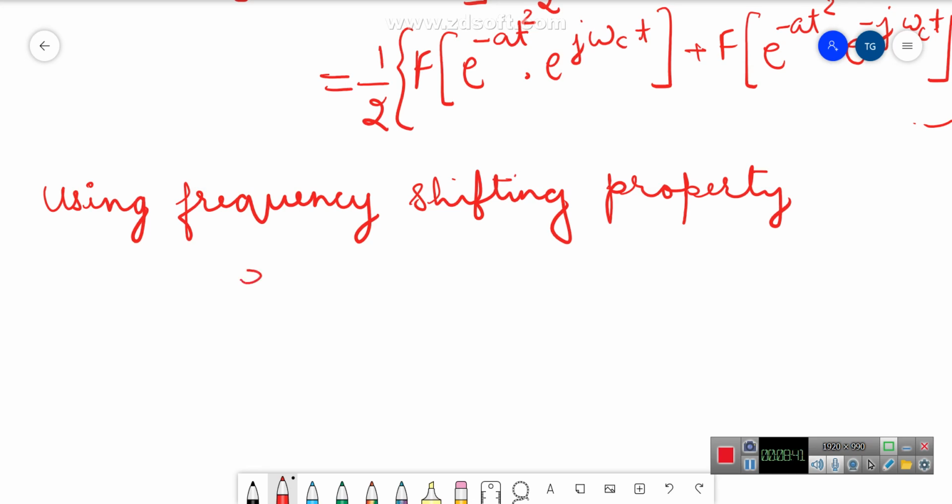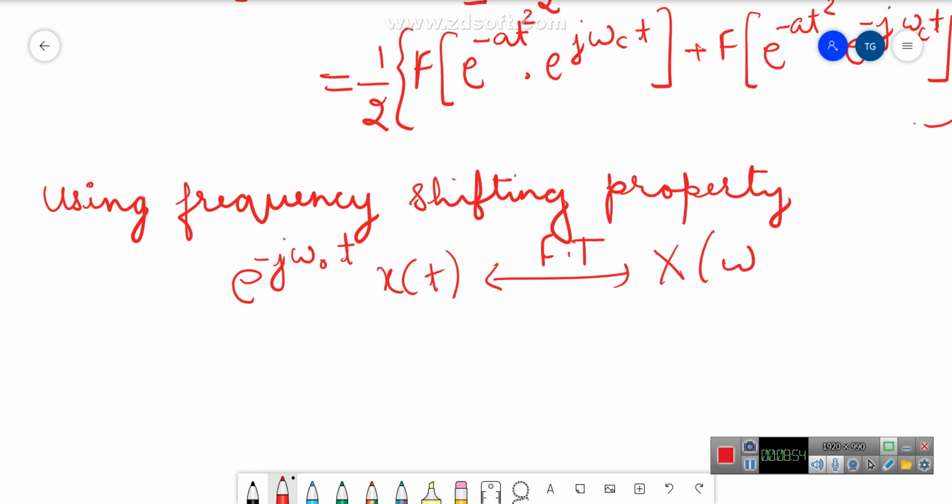So this can be written as e to the power minus j omega naught t into x of t, whose Fourier transform is nothing but x of omega plus omega naught. So this is my frequency shifting property.